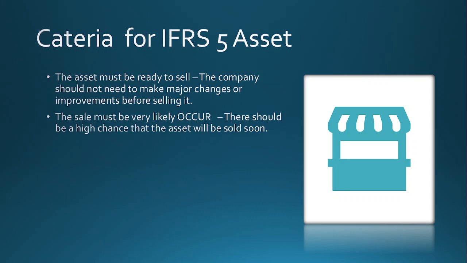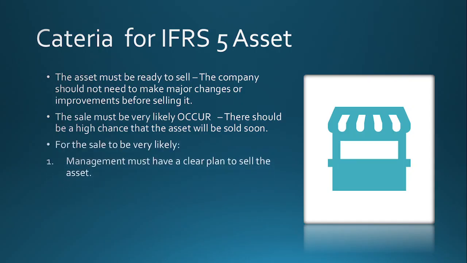But how do you assess that there's a high probability that the sale will occur? Well, first you look: does management have a clear plan to sell the asset? Does management have the intention to sell the asset? If they do, then there is a high probability that the sale will occur.